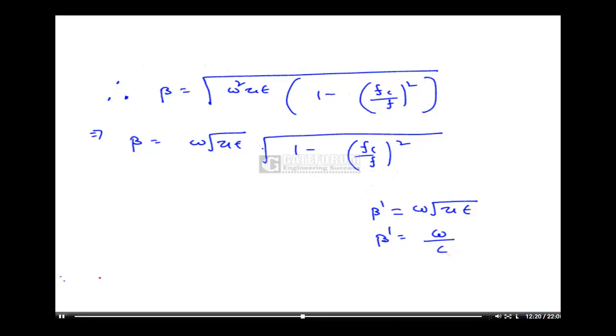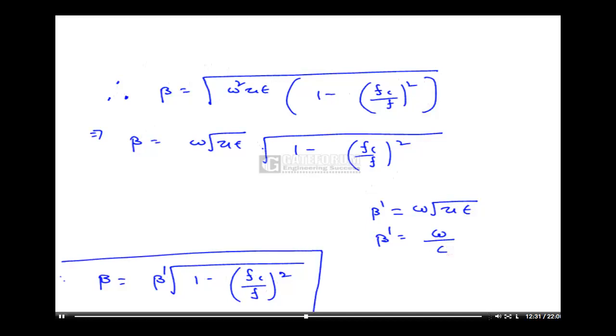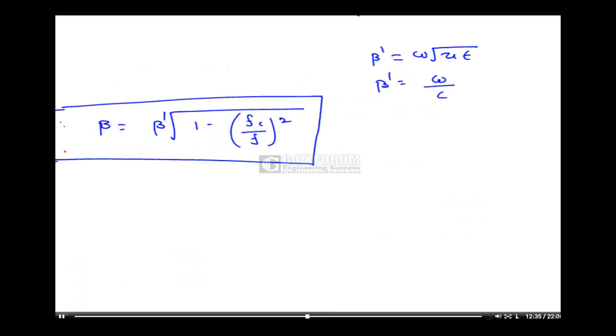Therefore, beta is equal to beta dash into square root of 1 minus (fc/f)². So this is the phase constant of a wave in TM mode propagation.